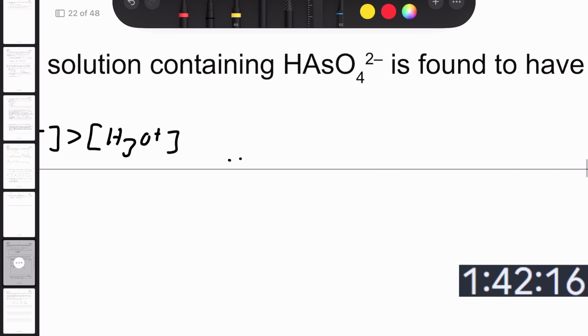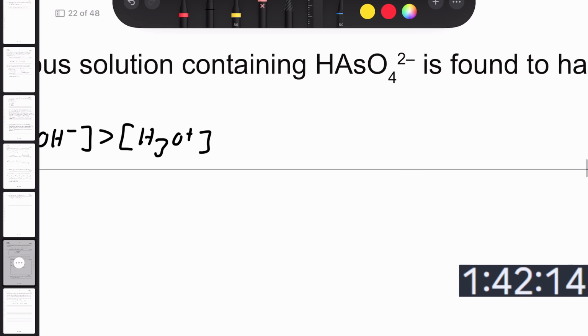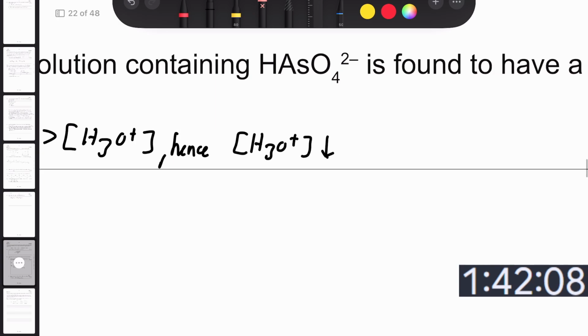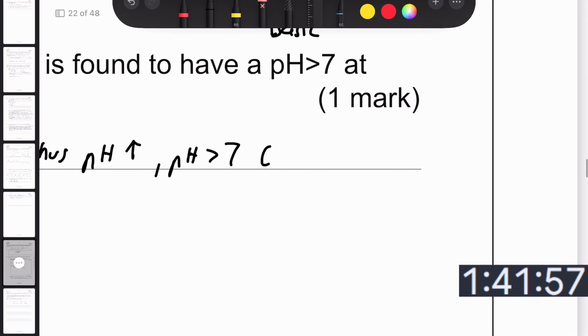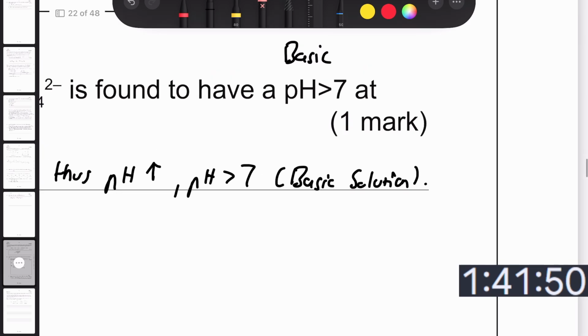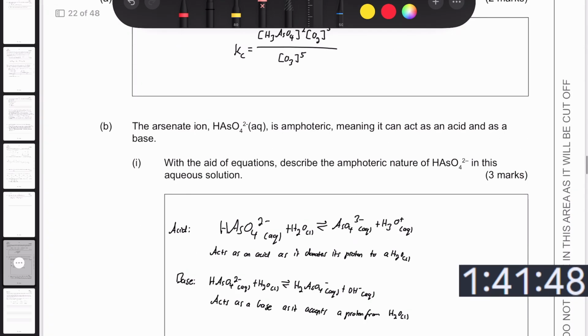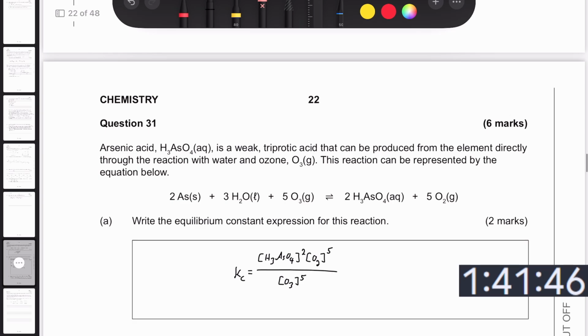Alright, and H3O plus decreases, thus pH increases. So then pH is greater than 7. Basic solution. This isn't a good question though, I don't think, because it doesn't tell me what it is at 25 degrees Celsius.